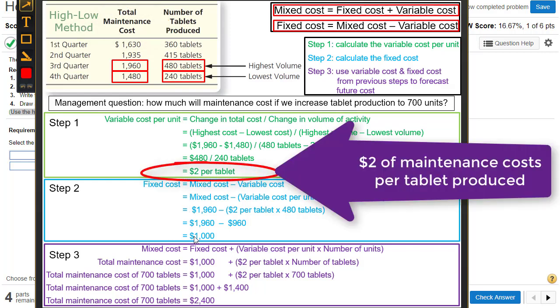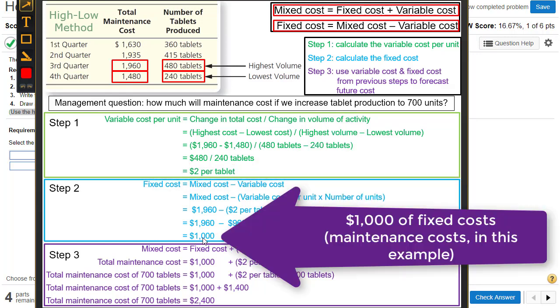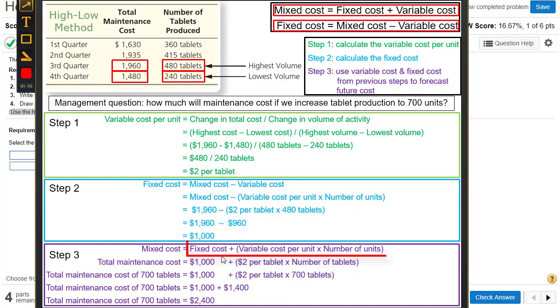And then in step 2, we found out that the fixed cost was $1,000. So therefore, the formula for this mixed cost was $1,000 of fixed costs right here, plus the variable cost per unit, which is $2 a tablet, times the number of units. So we're going to recreate this high-low method in this problem.